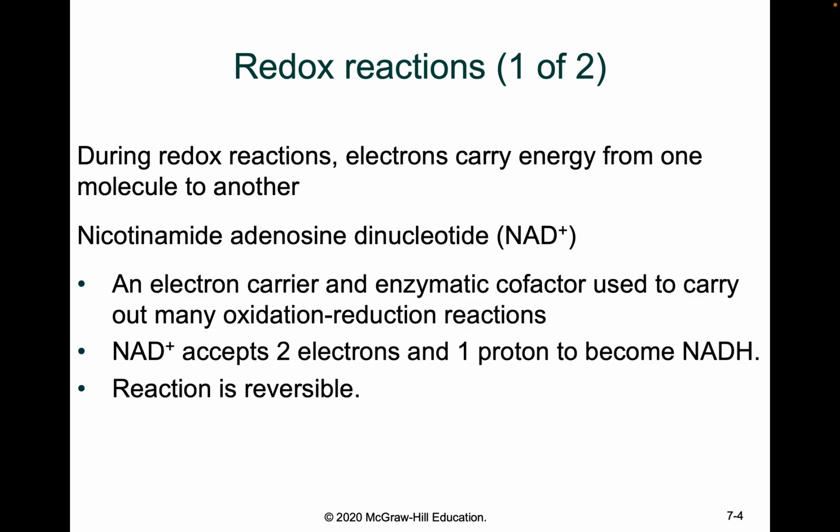So we need a big pool of this. When they go to NADH, they need to go back, because if we lose all our NAD plus, we don't have these reducing compounds that are able to accept electrons. We will be losing those electrons if we lose NAD plus. That's why this has to be reversible.